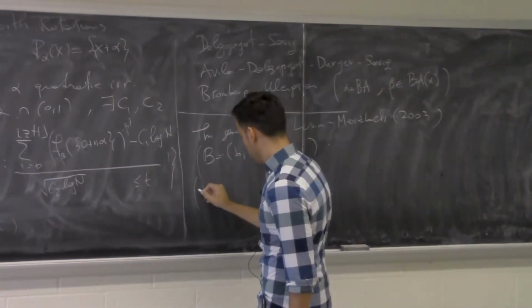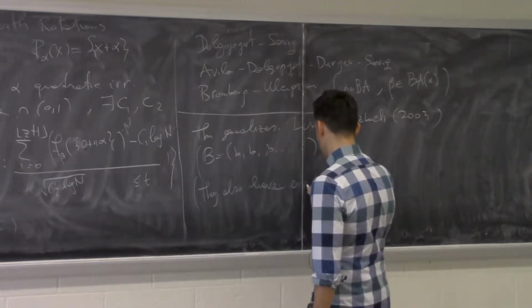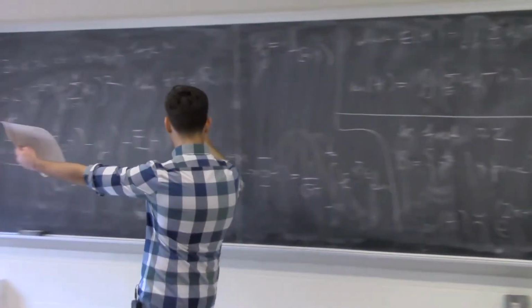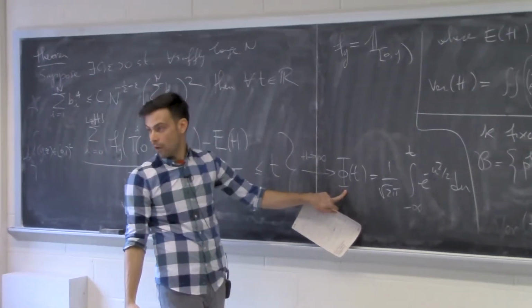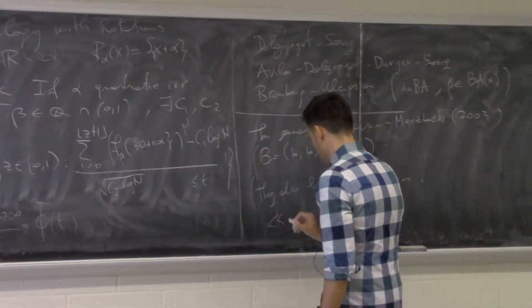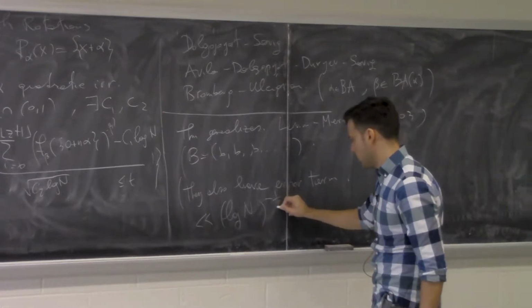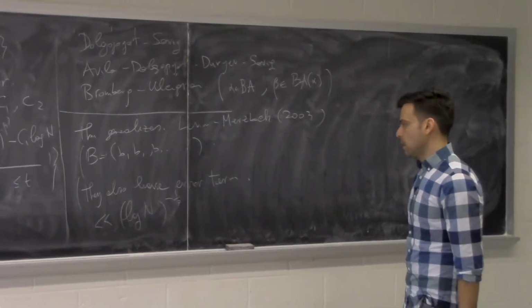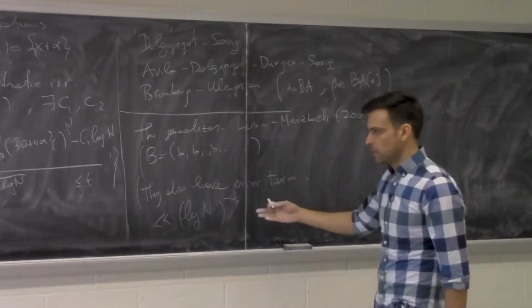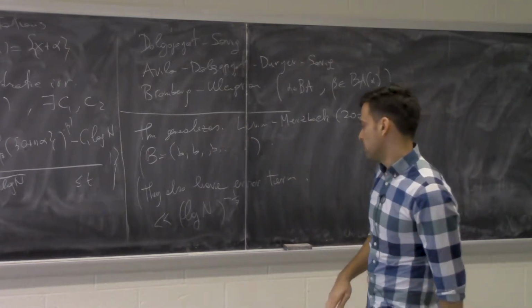And they also have an error term. So you could take this thing, subtract this, and see how big the difference is. And their error term is of the size log n to some small negative power, like I think 1/7. And we believe that somehow their whole strategy can be reapplied in our setting, but we just haven't done it, and somehow get an explicit error term estimate for that case.